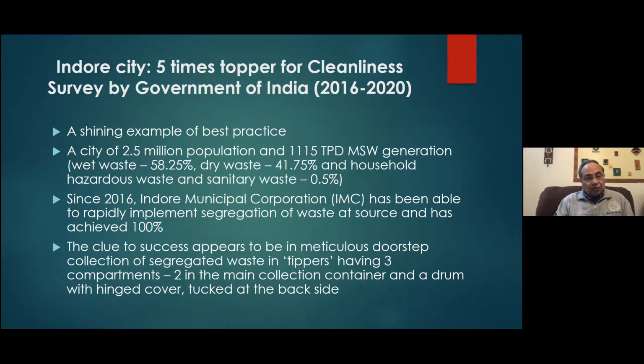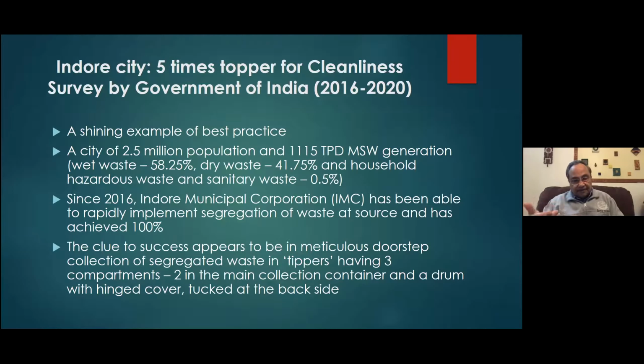This city has 2.5 million population that generates a little over 1000 tons per day of municipal solid waste, in which wet waste is 58%, dry waste is almost 42%, and household hazardous waste and sanitary waste is 0.5%. In our rules, the waste has been divided into three categories as of now: wet waste, dry waste, and household hazardous waste.